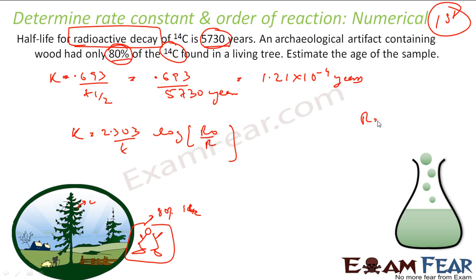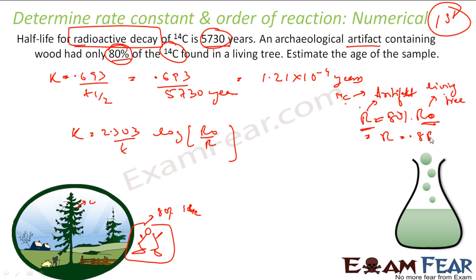R naught is the initial concentration of C14 in the living tree, and R is the concentration of C14 in the artifact. The concentration in the artifact is 80% of that in the living tree, so R is 80% of R naught, that is 0.8 R naught.